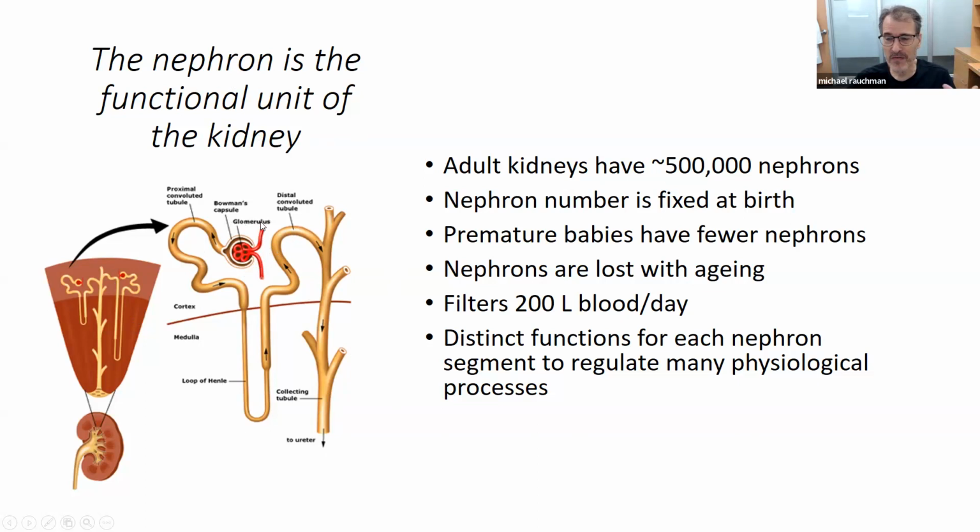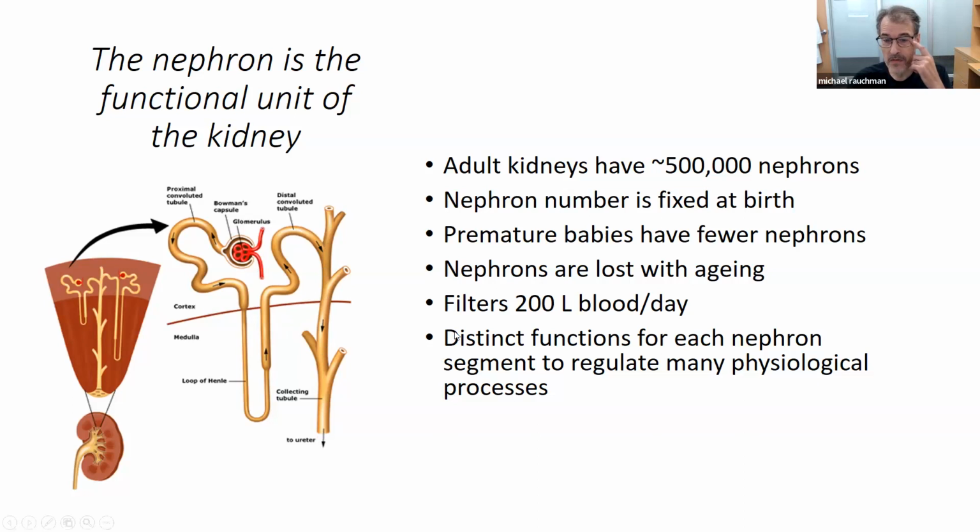The glomerulus filters the blood and allows some things to be excluded, like large proteins normally are excluded, but other things get into the urine. And these different segments of the nephron each have specialized functions to regulate a variety of homeostatic functions in the body, which I'll go into in a minute.